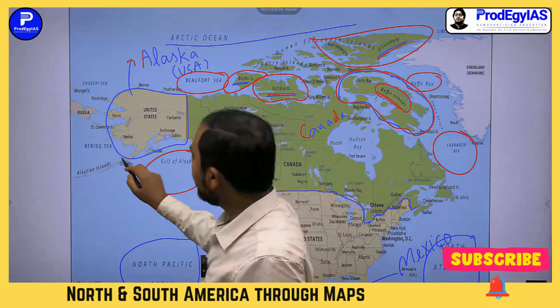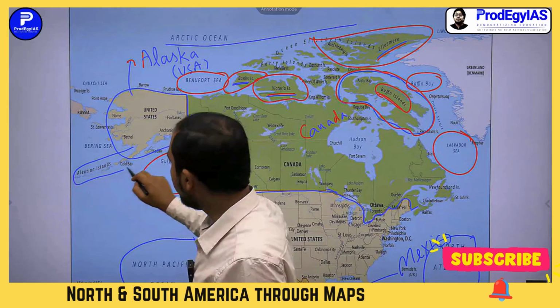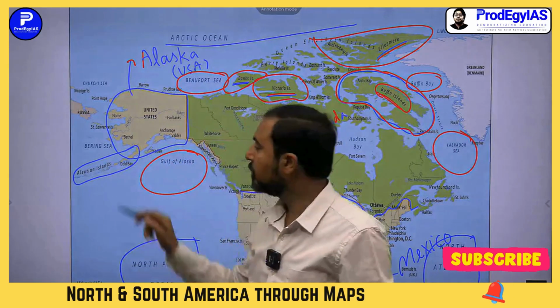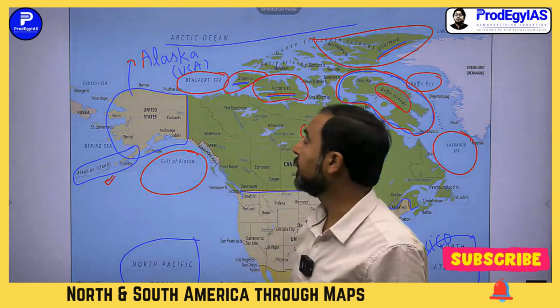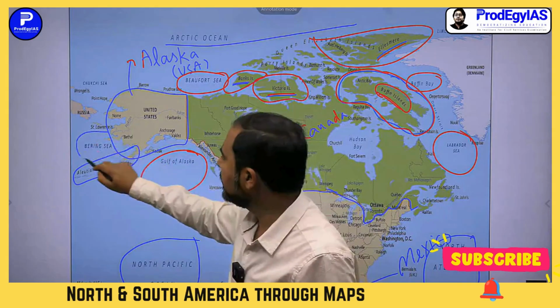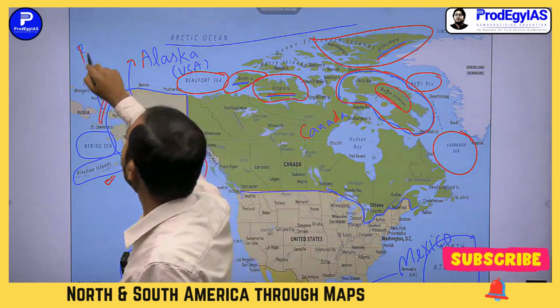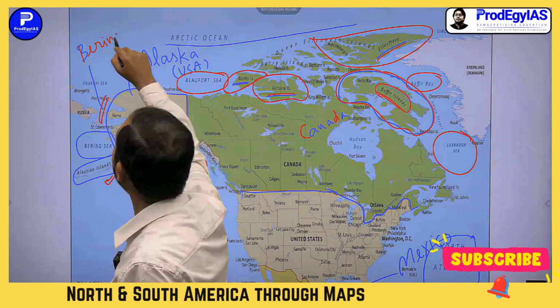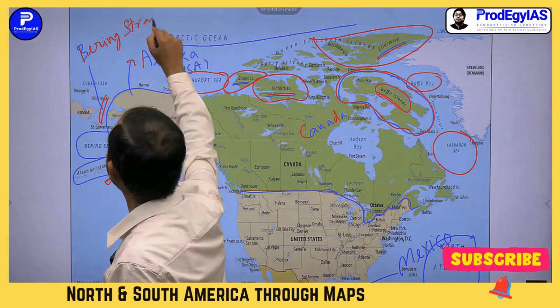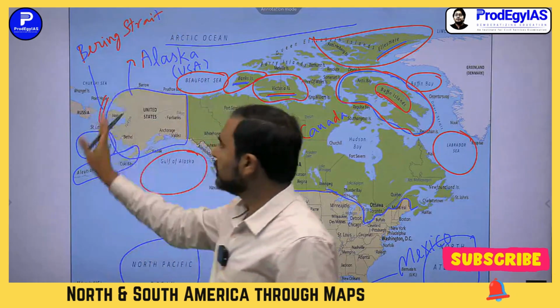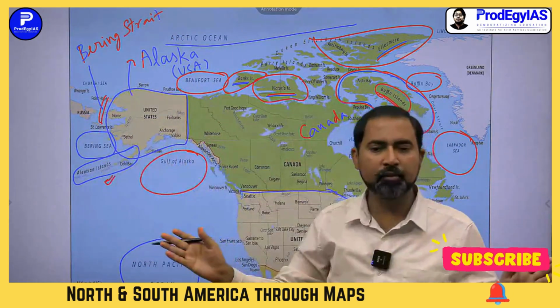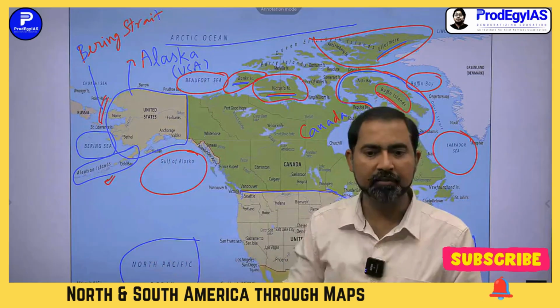Then some important islands in Alaska region are Aleutian Islands. These islands, Aleutian Islands, and one Bering Sea, and this is the Bering Strait. A strait is a small channel which divides two large land masses.